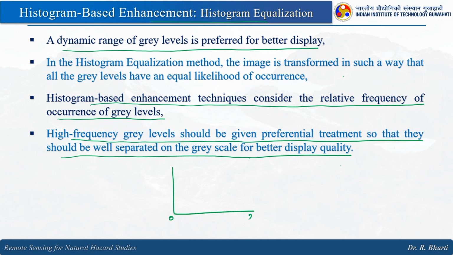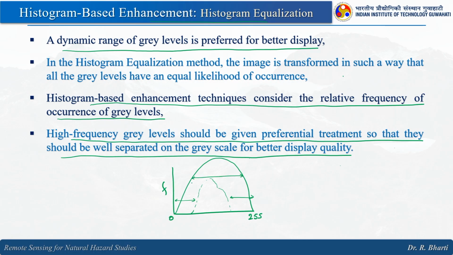I will try to explain this again. Let us say 0 to 255 and this is the frequency. So, let us say my histogram is like this, but within this available range we are trying to stretch this data so that it should be like this. It should be occupying the full display range, right.